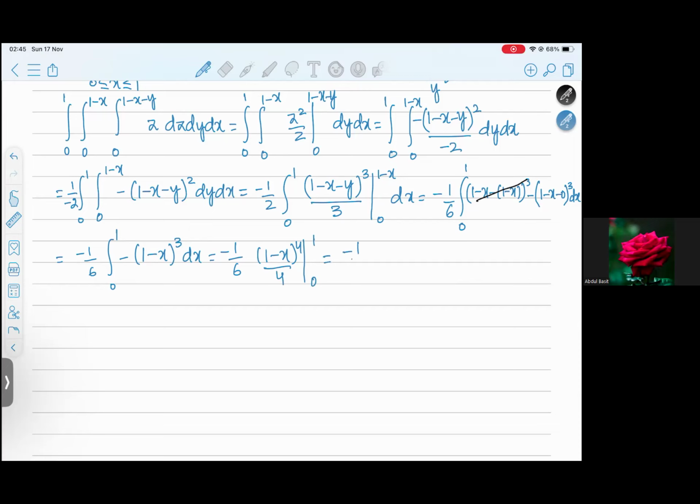So I get -1 by 6, and if I plug in x is equal to 1, I get 1 minus 1 divided by 4, minus, if I plug in x is equal to 0, 1 minus 0 divided by 4. So this will be 0, and the other term will be with a negative sign, and the negative makes it positive. 1 over 6 into 1 over 4 is 1 over 24. That's it for this part.